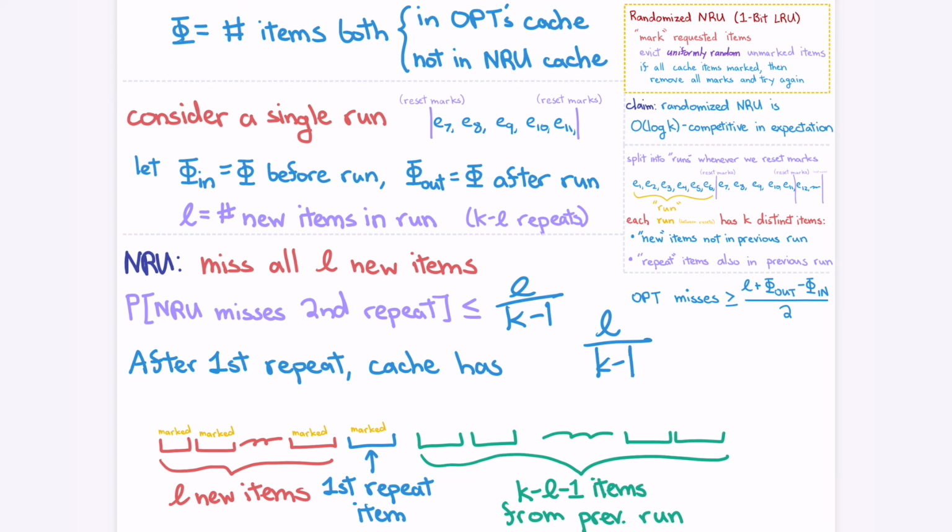So the one is getting subtracted because it automatically survives this particular round. You know that this has already been requested, it's already placed in the cache. You know the rest of the cache is occupied by some of the k minus one, and you know that L of them have been evicted and everything's symmetric. There's no distinction between any two pages. So any particular page is kicked out with probability L over k minus one.